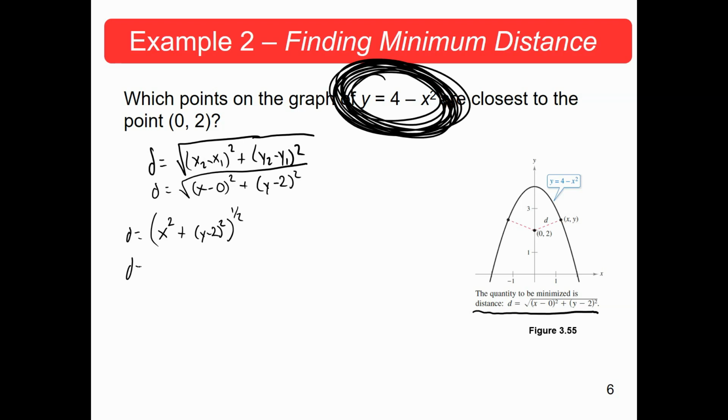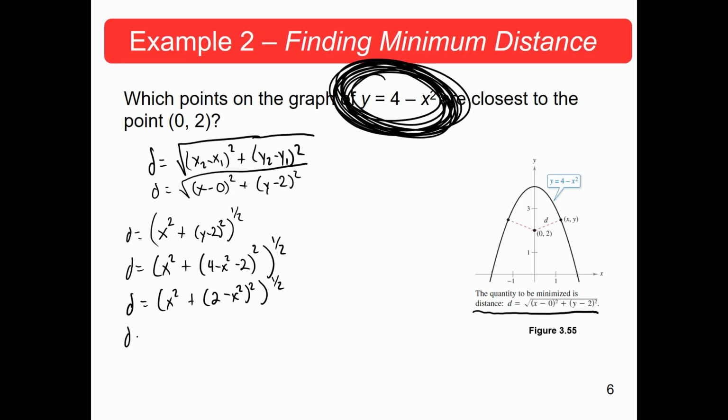So I'm going to rewrite this as d equals (x squared plus (4 minus x squared minus 2) squared) all to the 1/2. Simplify this a little bit just to make our lives easier. 4 minus 2 is just 2, so (2 minus x squared) squared, to the 1/2. Now, I can take that derivative.